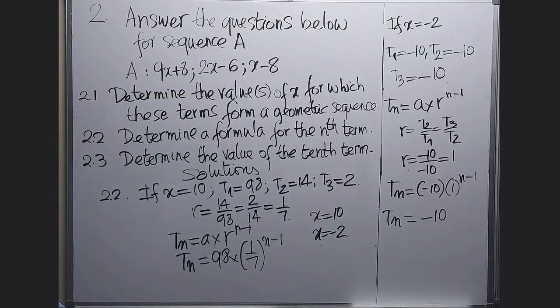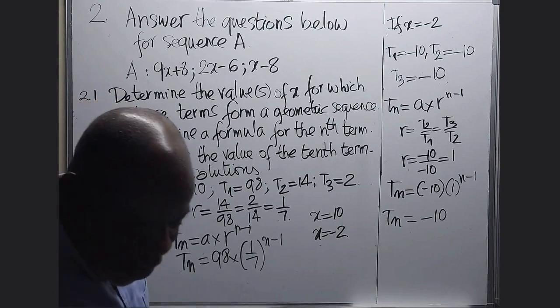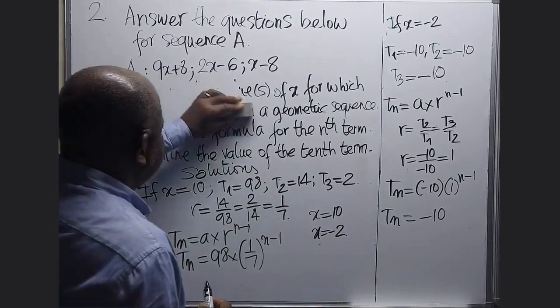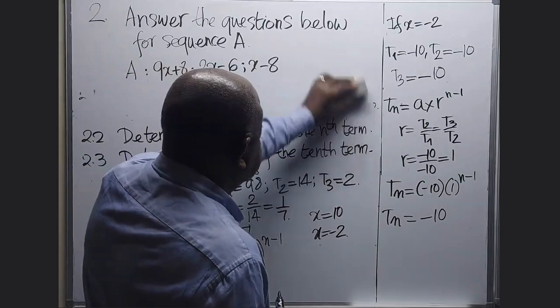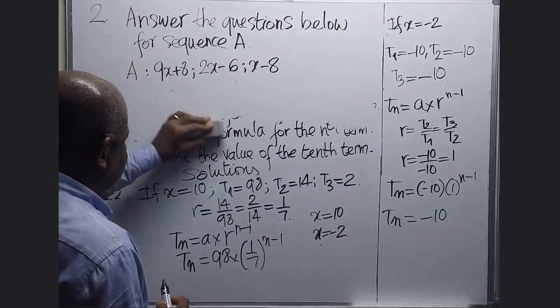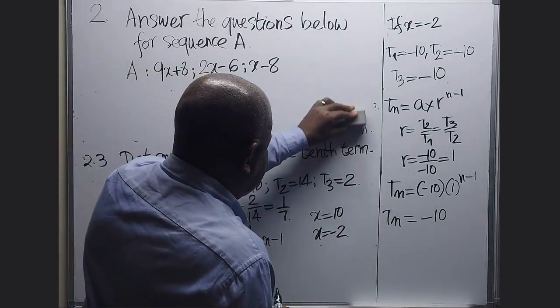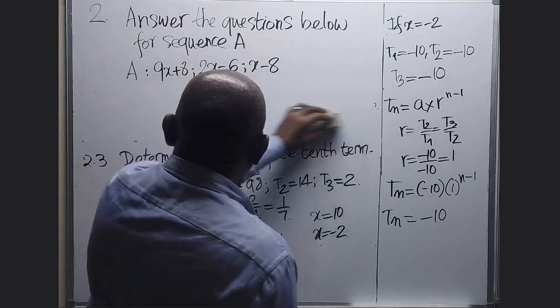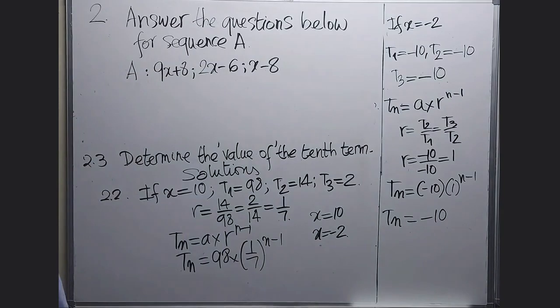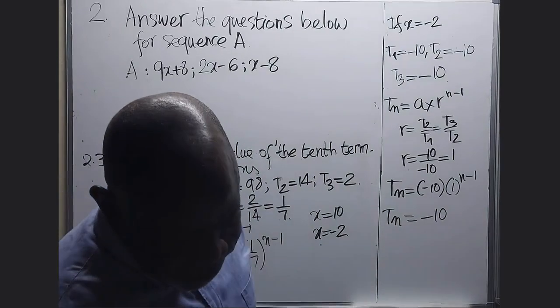So here we will need some space. We're going to clean the board at the top here and only remain with question 2.3. Determine the value of the 10th term.